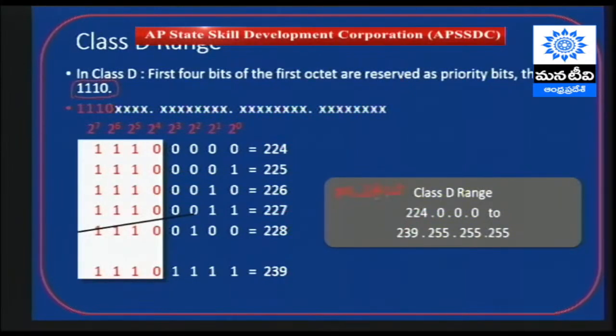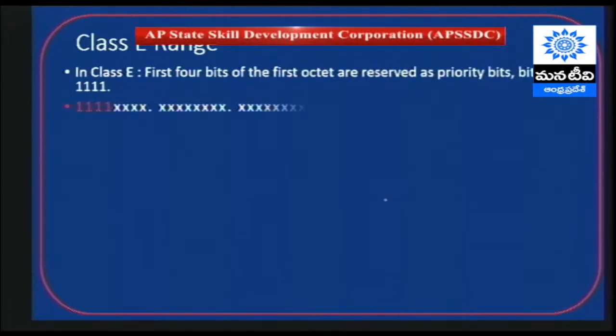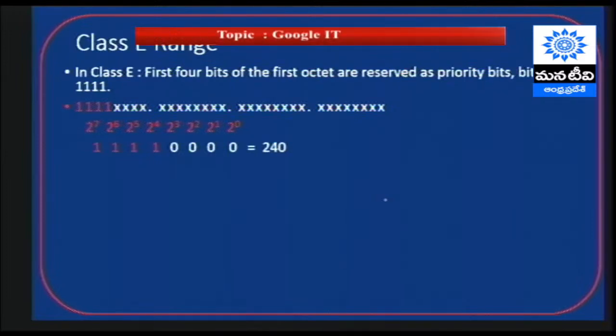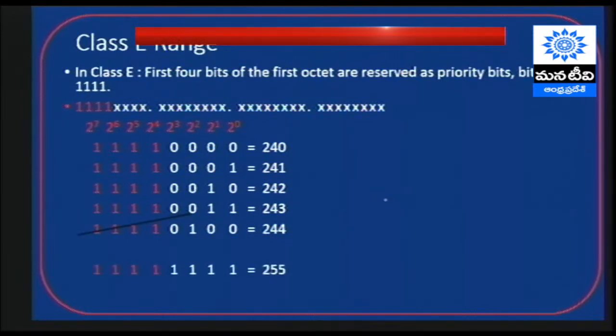We will be discussing what multicast refers to. And the last class, the first 4 bit values are set to 1, and the value starts from 240 and goes on till 255, which happens to be the very last address.